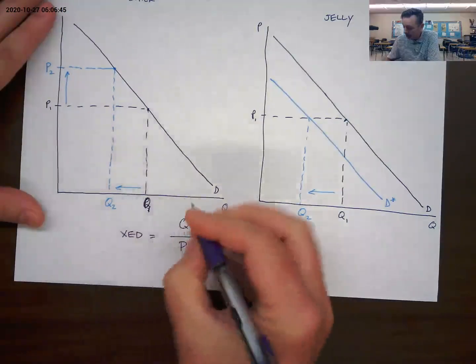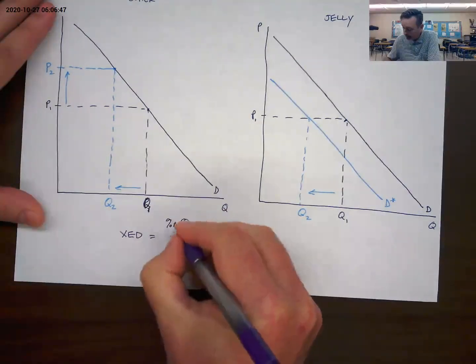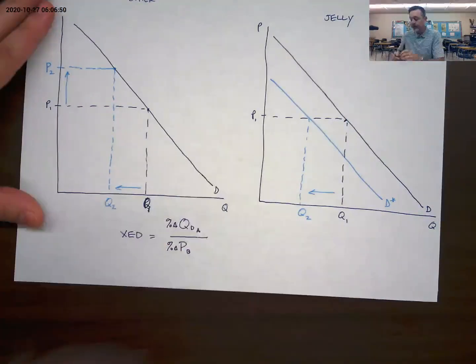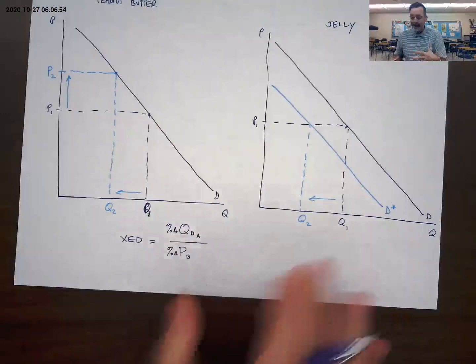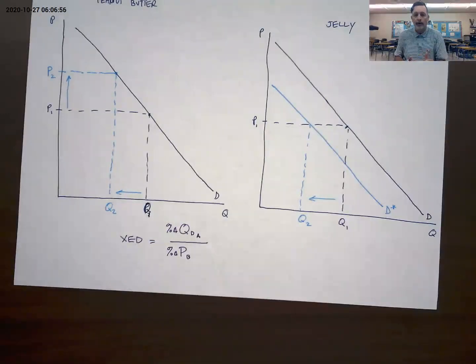And of course, whenever we do an elasticity, it's a percent change. So we're not going to do the mathematical version here. What we are going to do is simply look at the coefficient for cross-price elasticity.